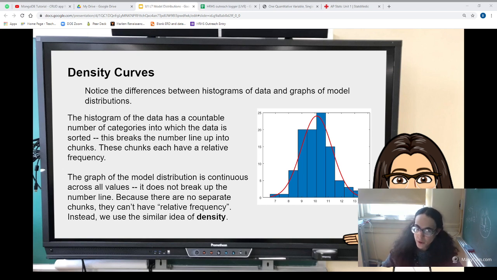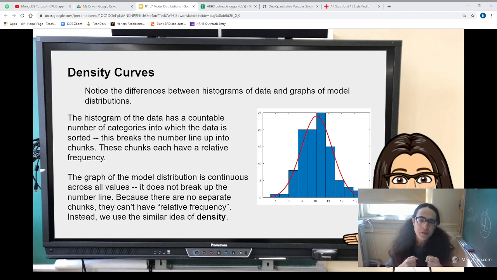Each of those chunks can have a relative frequency because they are containing multiple points of data, and they're representing these very discrete blocks on the x-axis.